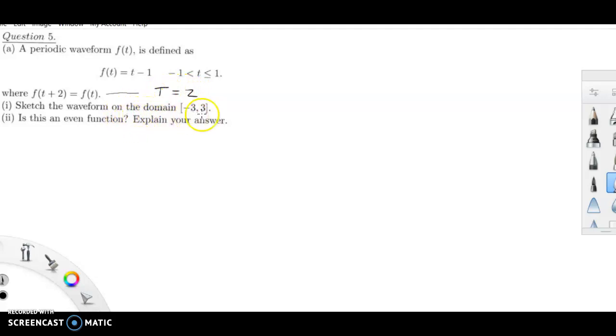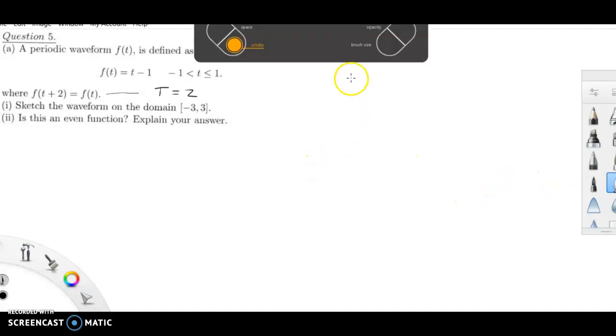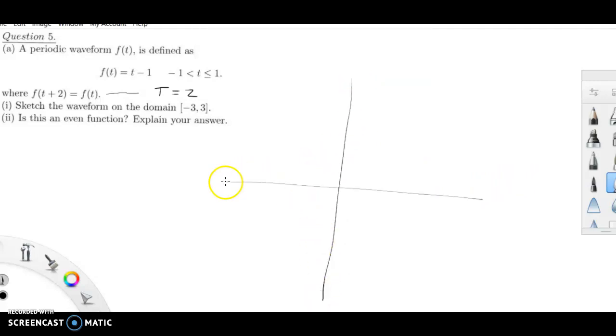So sketch the waveform on this domain. Very roughly, I'm going to do that again. Right, that's vertical, that's horizontal. So that's f of t, like the y-axis, and this is our t-axis.